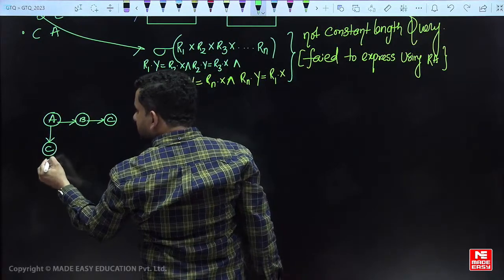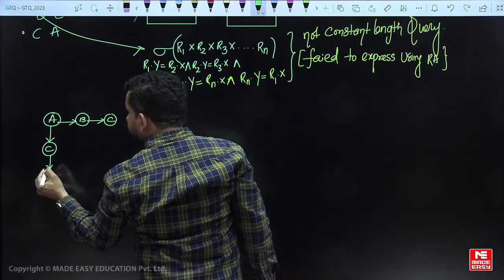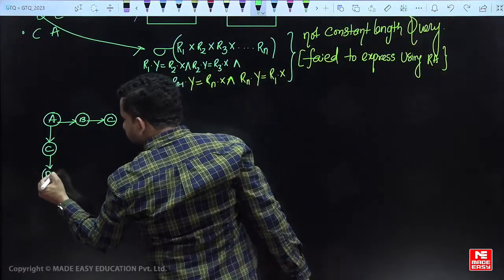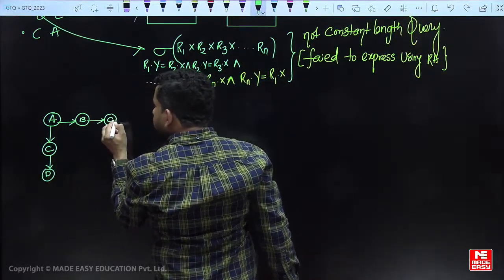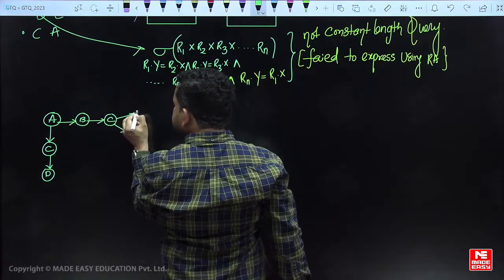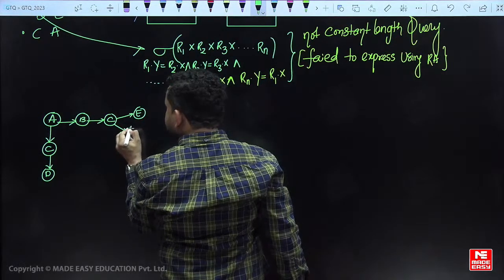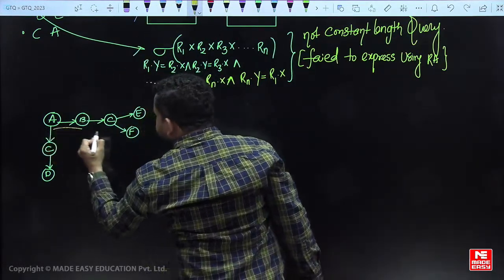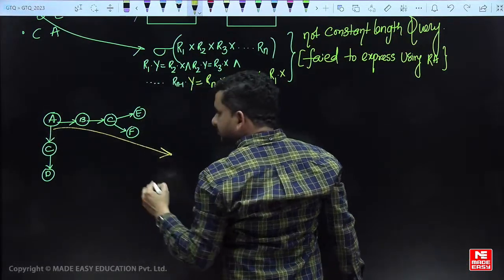Or reachability can have 3 edge length from the source. Let's say this is E and this is F. Like this, the length of reachability is required.